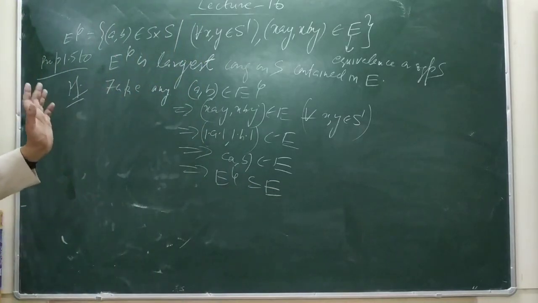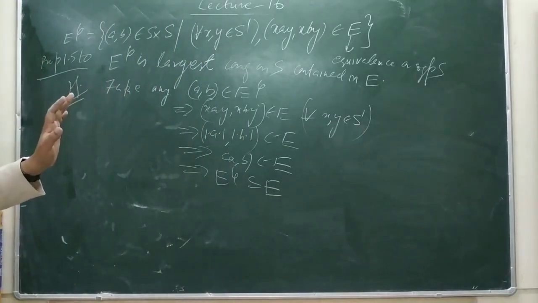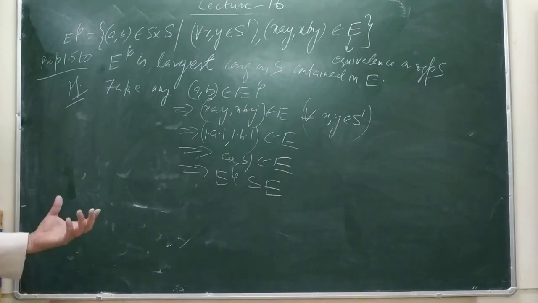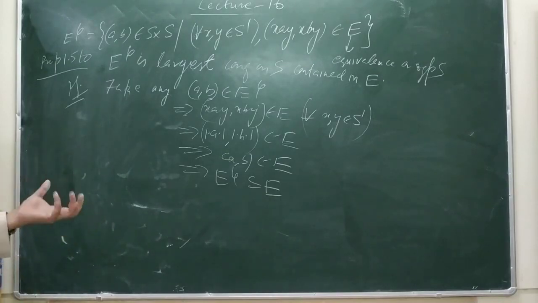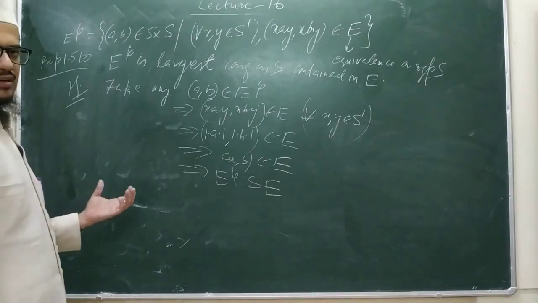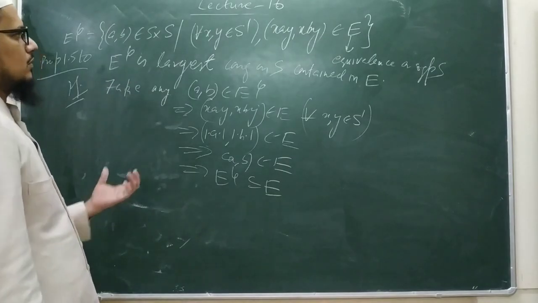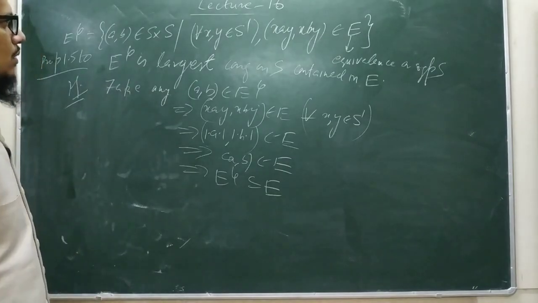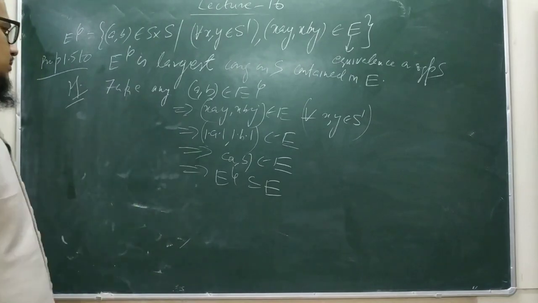Now we will prove E natural is an equivalence relation. So to prove E natural is an equivalence, we have to prove E natural is reflexive, it is symmetric, it is transitive. So I think when E is an equivalence, correct, isn't it?